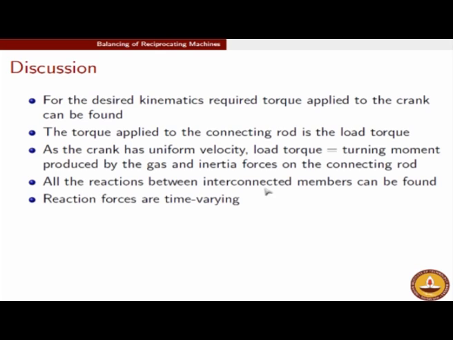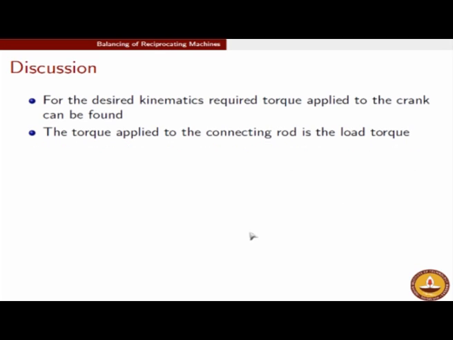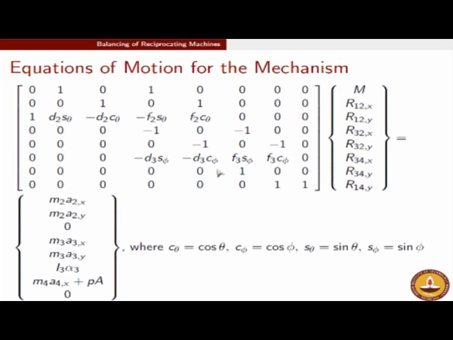More importantly, all the reactions between interconnected members can be found, and remember, this calculation is valid for one value of theta. You have to repeat this calculation in a loop for different values of theta, because this matrix has entries which depend on theta, and for each theta the acceleration of the crank and the connecting rod will change, and so will the angular acceleration of the connecting rod.